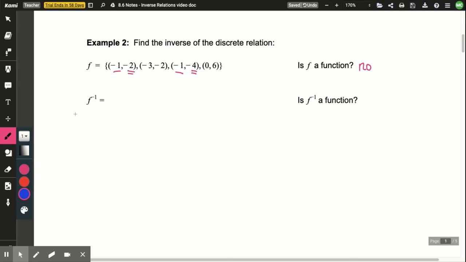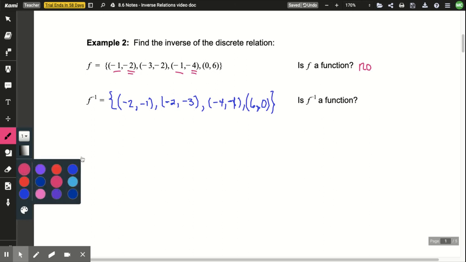So now I'm going to find f inverse still. We can still find the inverse of the relation, even though the relation was not a function. So once again, we'll just reverse the x and the y values. And then we can determine from this one, looking at the x values, whether or not the inverse is a functional relationship.